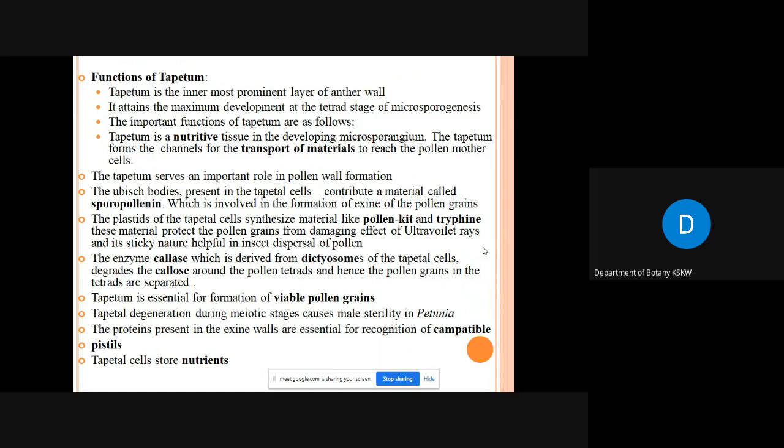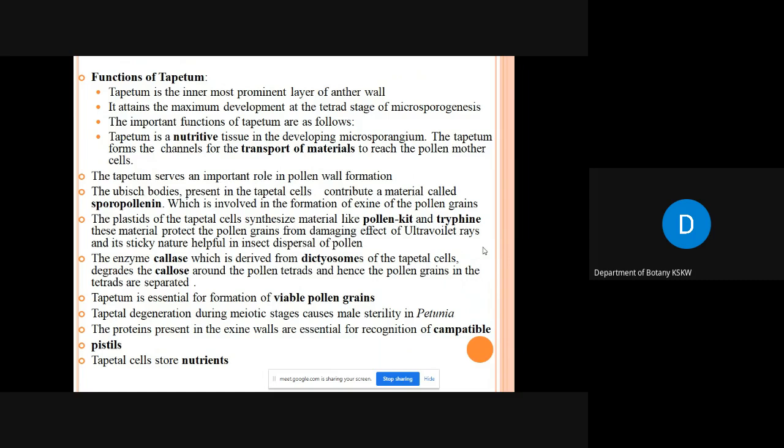The plastids of the tapetal cell synthesize material like pollen kit and tryphine. This material protects the pollen grains from the effects of ultraviolet rays, and its sticky nature is helpful in the dispersal of pollen, or pollination of pollen by insects.